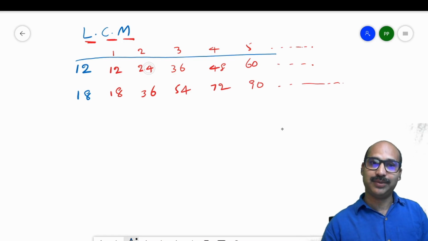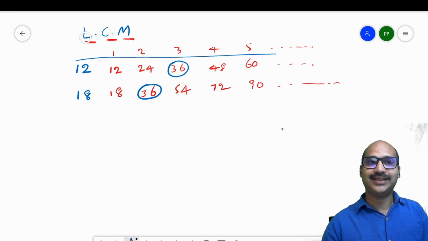Again this is also a multiple of 12. See here, by observing the 12 multiples, here we have the multiple 36 where we are getting it for the first time. In the sense, this is known as the least common multiple.